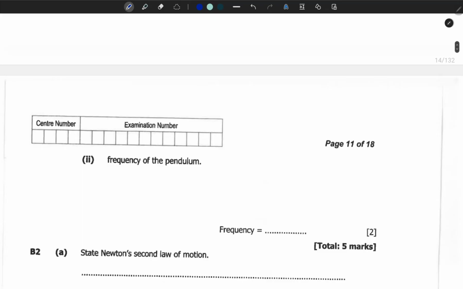We move on to question Roman number 2. We just need frequency of the pendulum. So frequency refers to the number of complete oscillations that are made in 1 second, like how many oscillations are made in 1 second. So to find frequency, you say frequency is equal to, and you use small letter f, 1 divided by period.